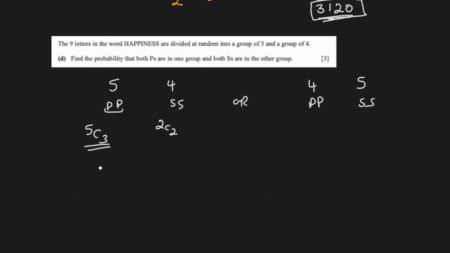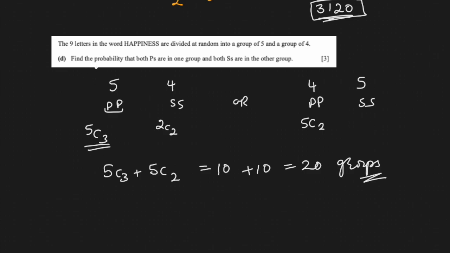And here will be 5C2 and then 3C3, which is 1 again, so there is no point. So it will be 5C3 plus 5C2, which will be 10 and 10. 20 groups.